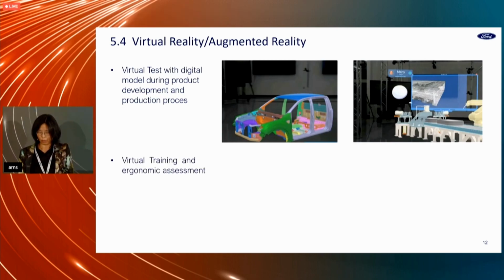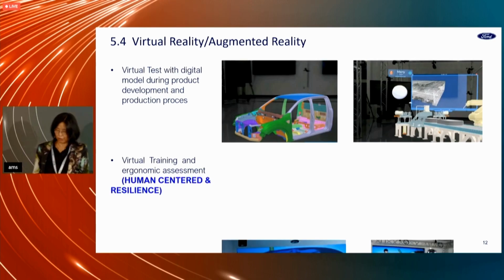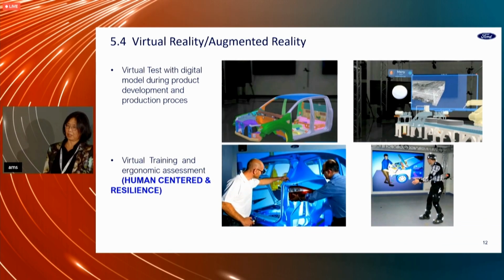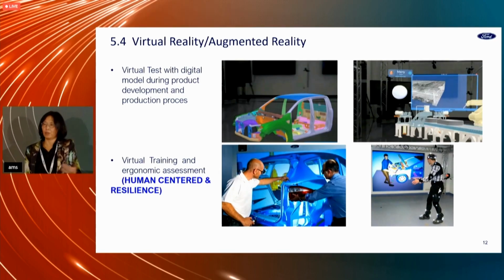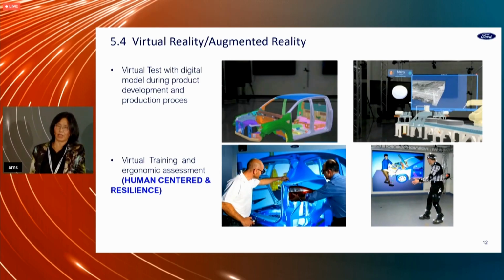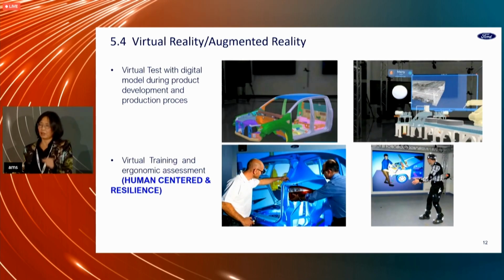We are also using virtual training and ergonomic assessment. That's all done digitally, so you can train your operators much more easily and get feedback already. Then you can correct things before you produce them. So it does not cost a lot of time and money if we can do it in these phases.